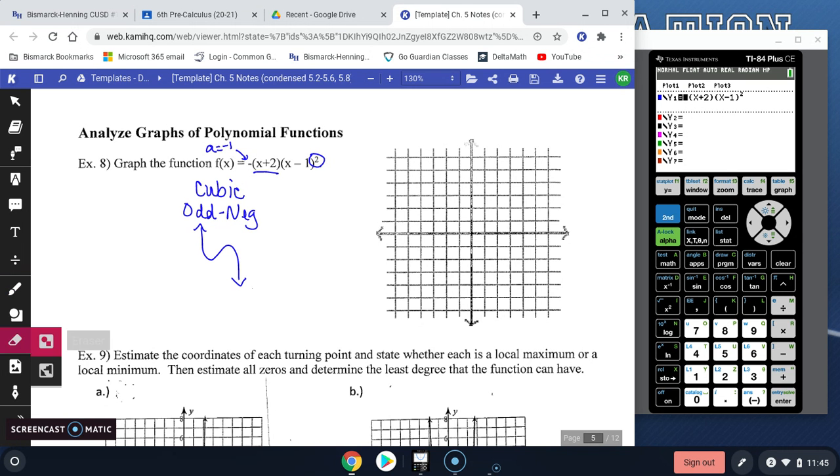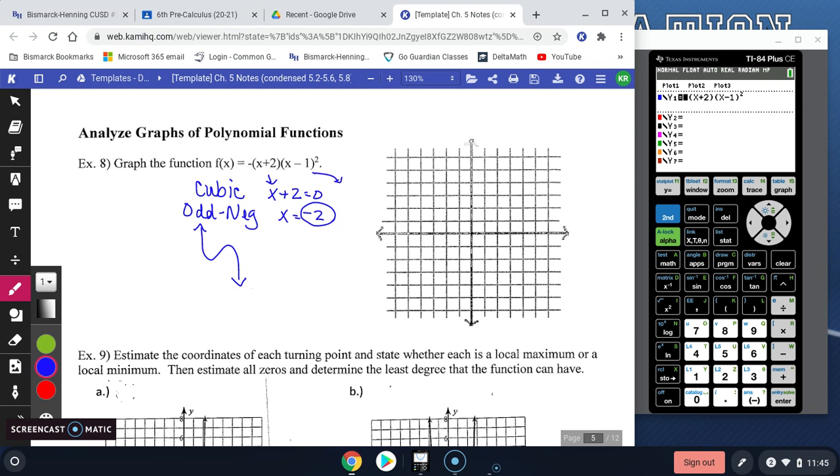Okay, the other thing I want you to notice is since this is in factored form, that's going to tell us more about the graph. So this first factor, x plus 2, if you put that equal to 0 and solve, you get x equals -2. Then this factor, x minus 1 equals 0, and x equals 1.